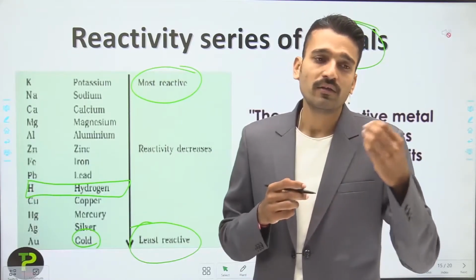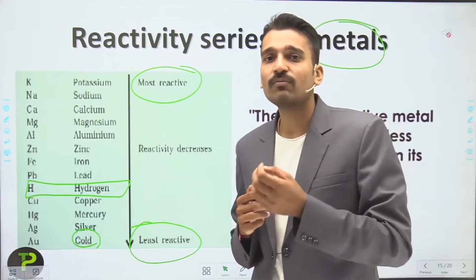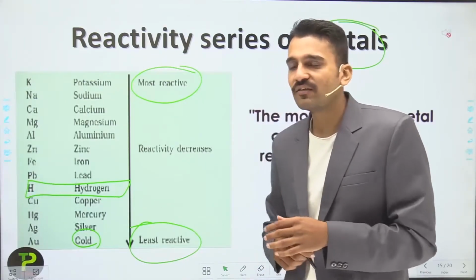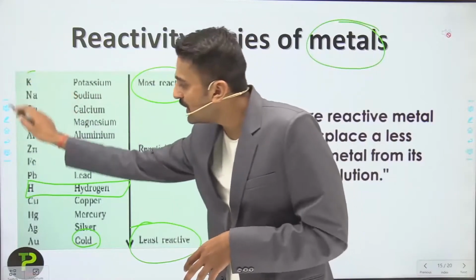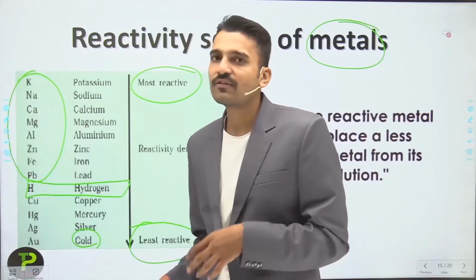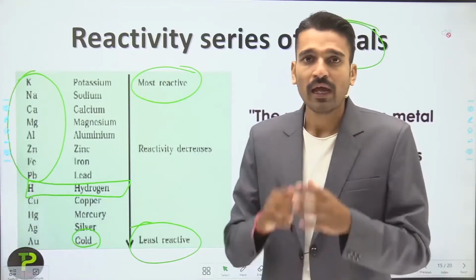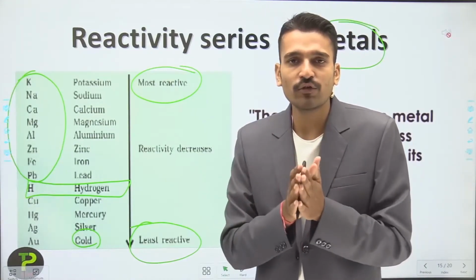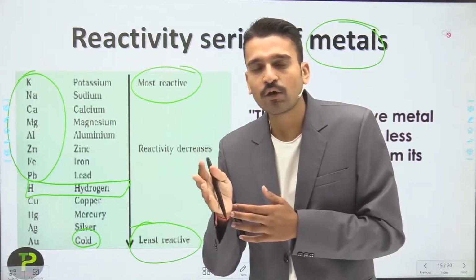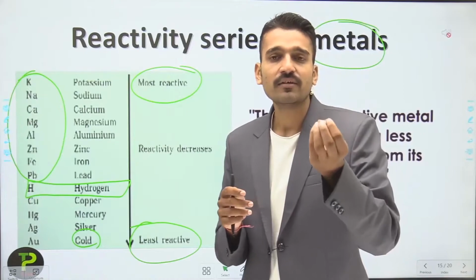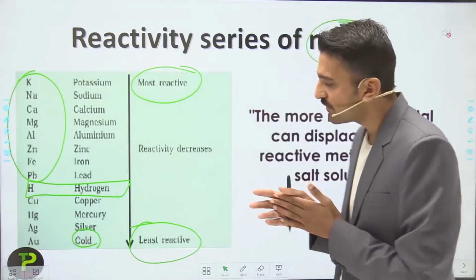To check whether a metal will displace hydrogen from water or acid, hydrogen is placed in this reactivity series. It means that all of these reactive metals will displace hydrogen from acids as well as from water. These reactions we are going to study in the chapter on metals and non-metals, and also some of the reactions in the chapter on acids and bases.